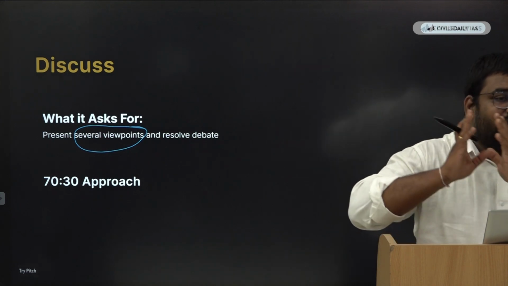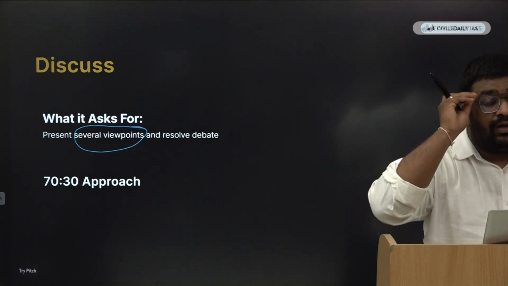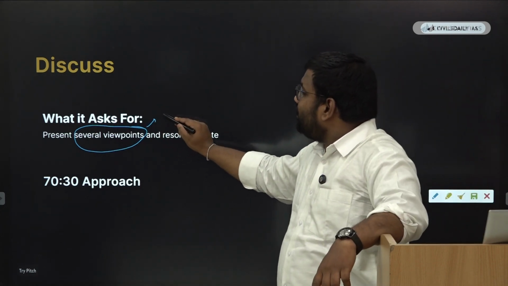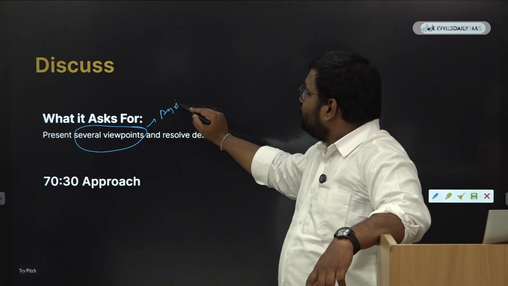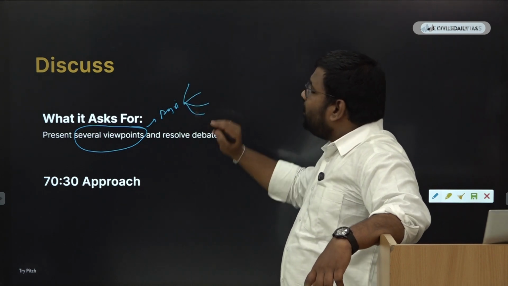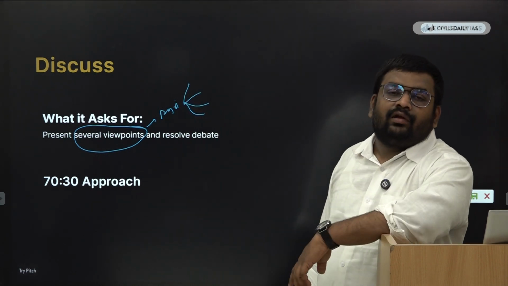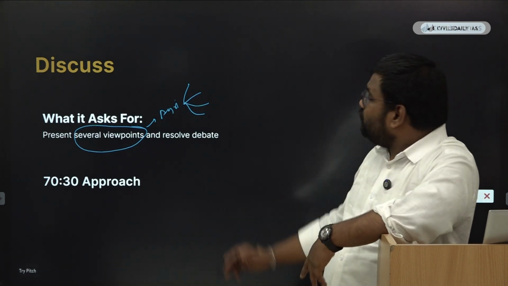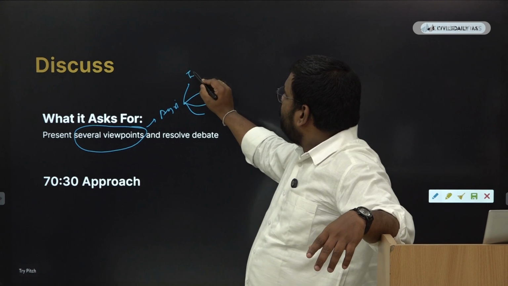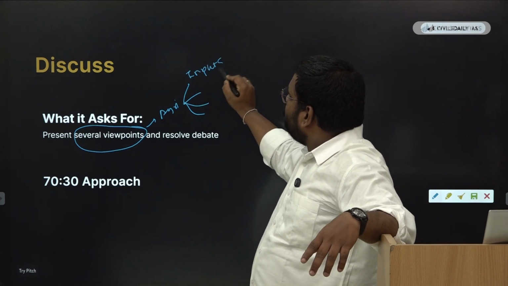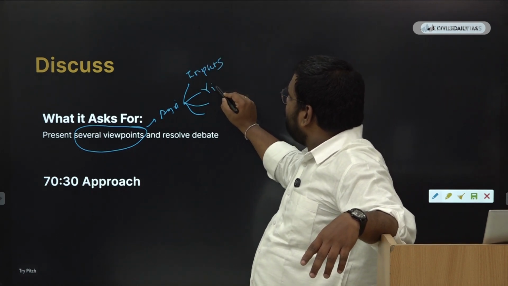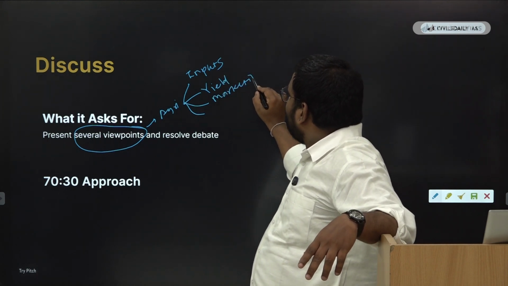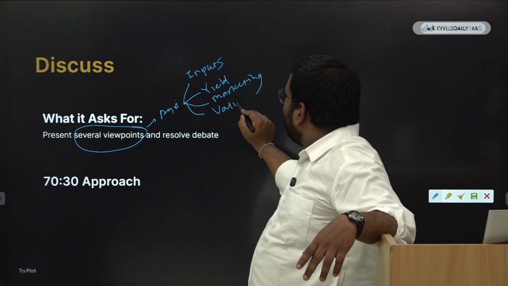blockchain in agriculture. So they were expecting you to cover the different viewpoints or the dimensions within agriculture which can have the benefits of ChatGPT and blockchain. Now, simply you can classify the points with respect to their significance in agriculture inputs, their significance in agriculture yield, their significance in agriculture marketing, and their significance in agriculture value addition.